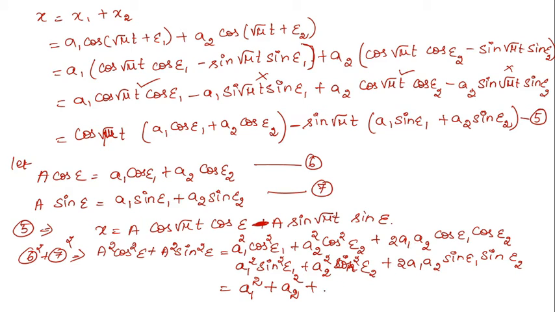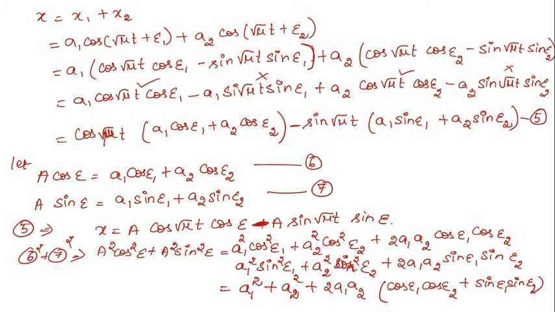And if you add the cross terms, 2A1 A2 is common, and the remaining is cos epsilon 1 cos epsilon 2 plus sine epsilon 1 sine epsilon 2.